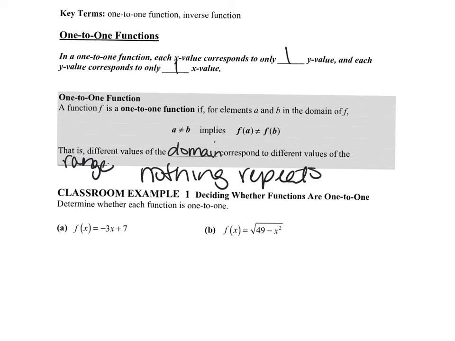Okay, so deciding whether functions are one-to-one. If we graph this first one, it's the same as y equals mx plus b, so lines are one-to-one.